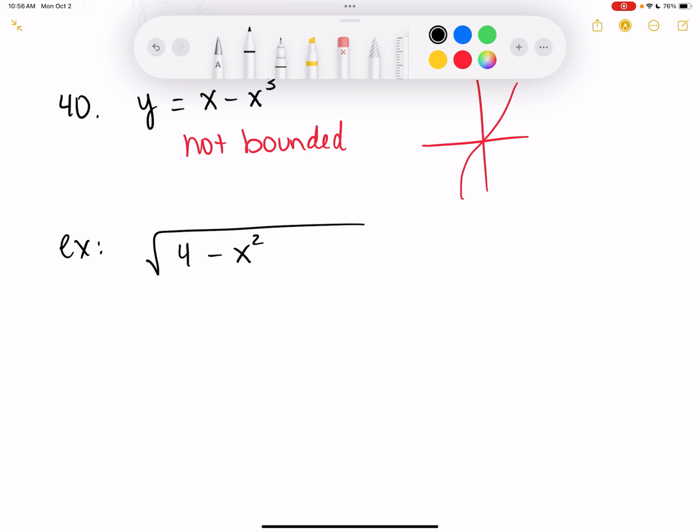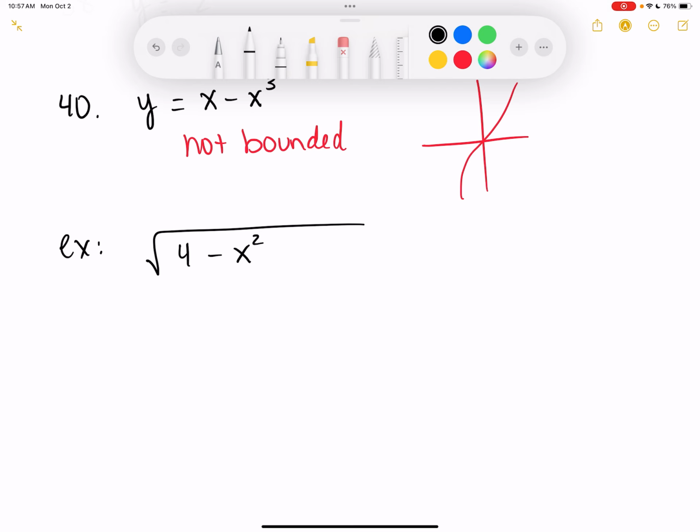If I set this stuff greater than or equal to 0, I'm going to end up saying that x can be positive or negative 2 and anything in between, but it can't be bigger than that, because that's going to cause a problem under here, right? Because if I plug in 3, squared is 9, 4 minus 9 is negative 5. That's a problem. So I basically have a domain of negative 2 to 2, okay?